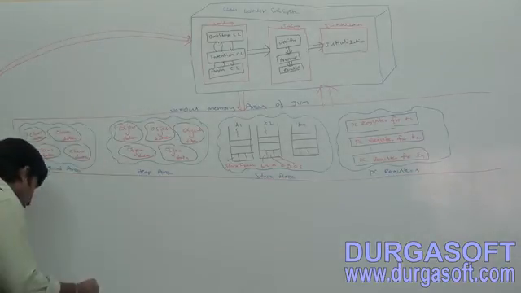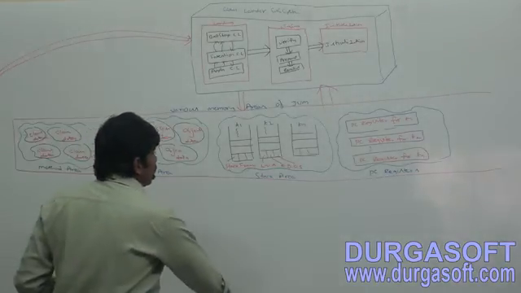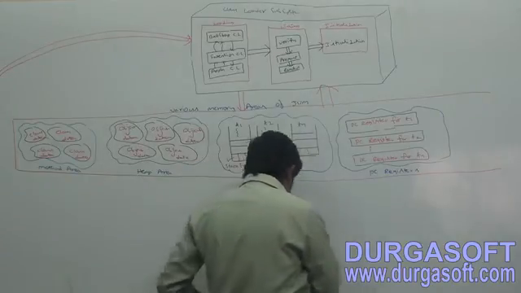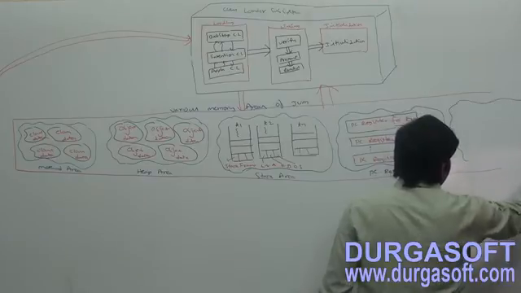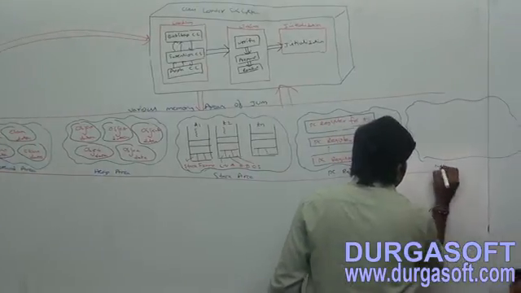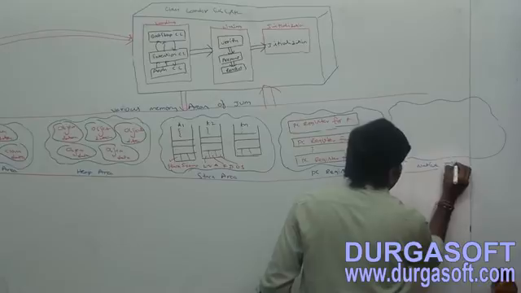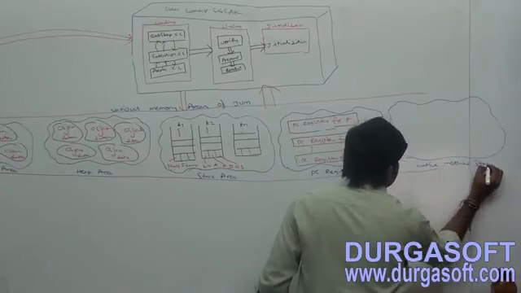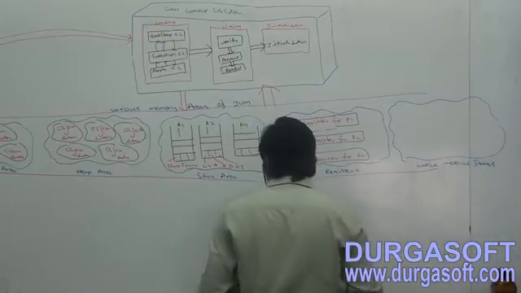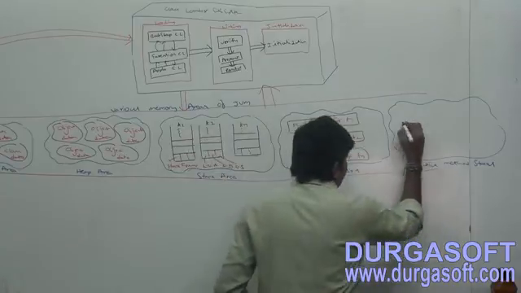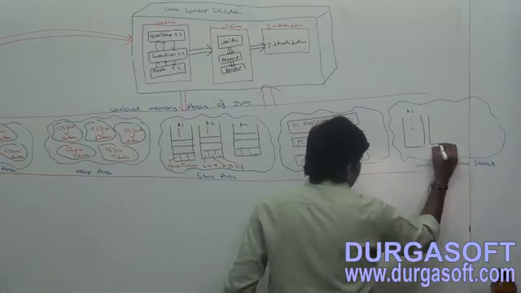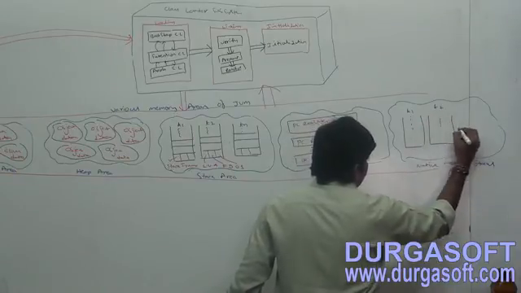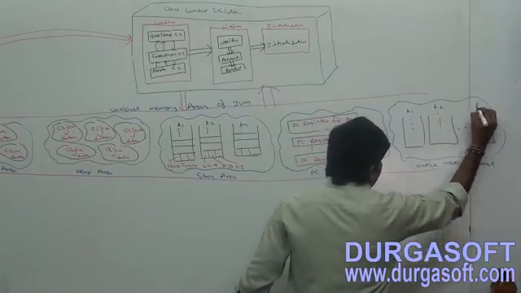What is the last memory area we have to talk about? Native method stacks. Are you getting this one? For every thread a separate stack by default will be there: for T1, for T2, and for Tn.